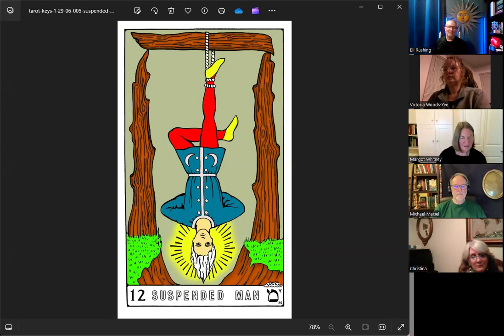I was looking up the color yellow because we have it at the base and then on his shoes. And I realized it's the color of Mercury, and it's also the super conscious level of mind, of the intellect.